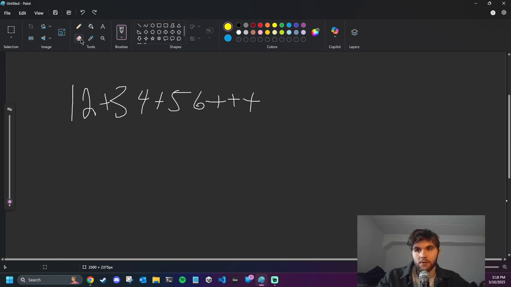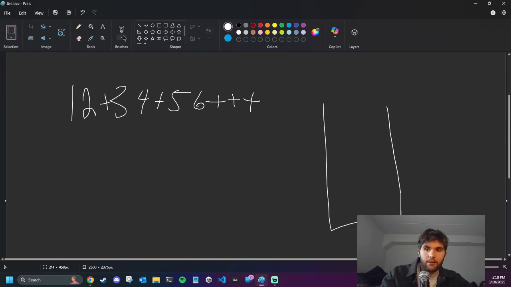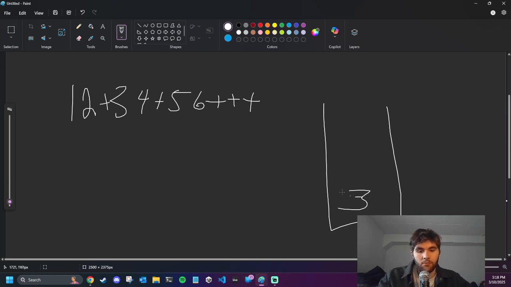Okay, so let's do the stack algorithm here. We're going to add 1, we're going to add 2. Once we encounter a plus sign, we're going to replace it with the sum. And now we have 3, 4 plus, right? Because those were deleted, and then we did 3, 4 plus.